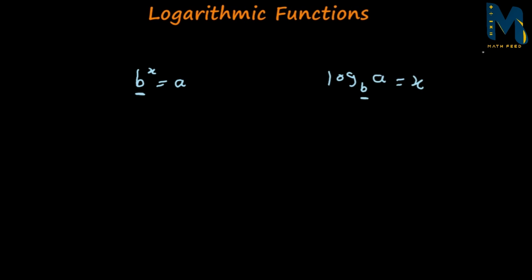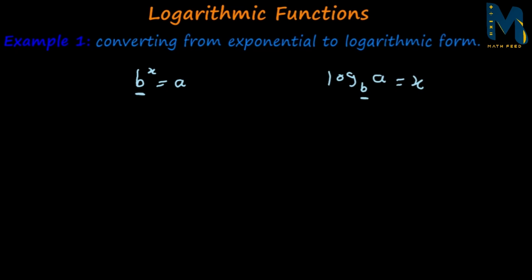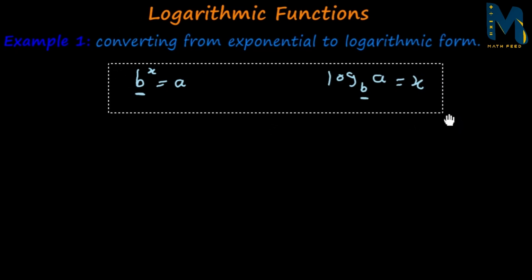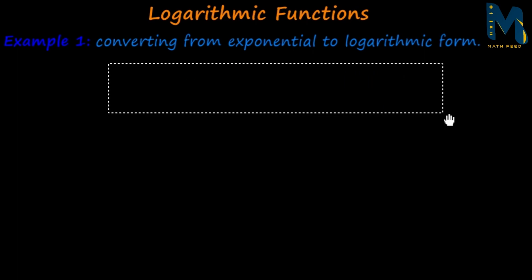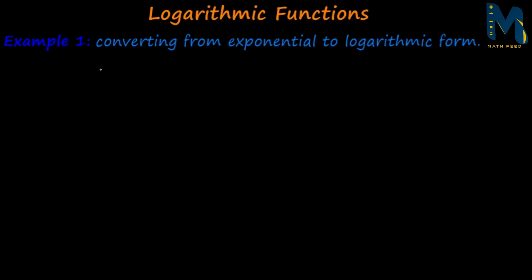In example 1, we have converting from exponential function to logarithmic form. For branch A, we have 2 to the power 6 equals 64. To convert it, we are going to write log.